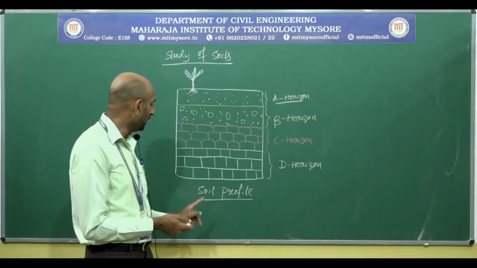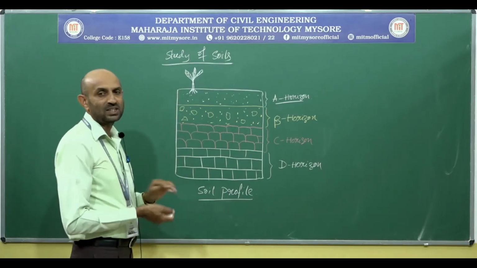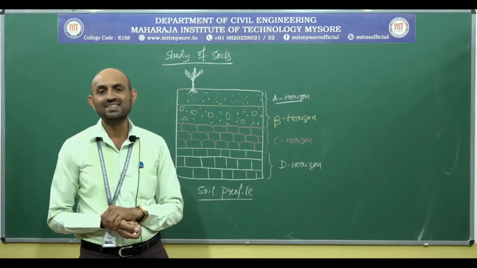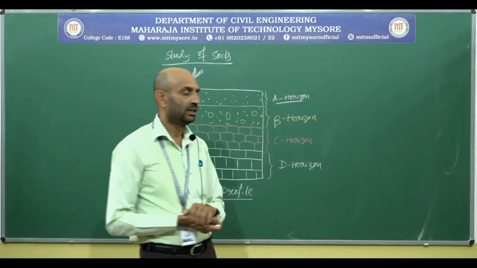How do we define soil profile? A vertical section of soil in which all the horizons are shown is known as soil profile.